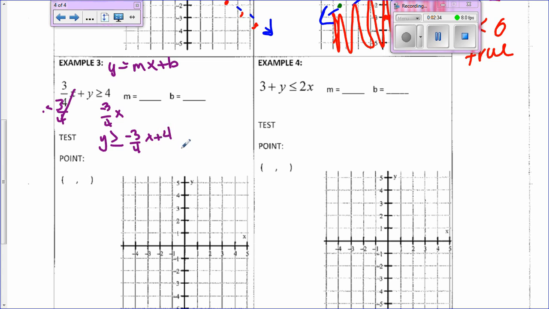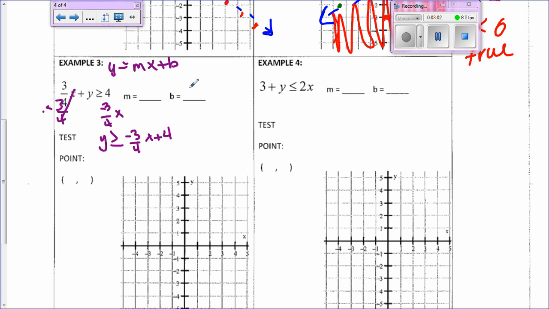plus 4. Okay, now I want you guys to remember that our b right here is our y-intercept. Our m is our slope. If you compare y equals mx plus b to this formula, y is greater than or equal to negative 3/4 x plus 4, you can see that 4 is your y-intercept.